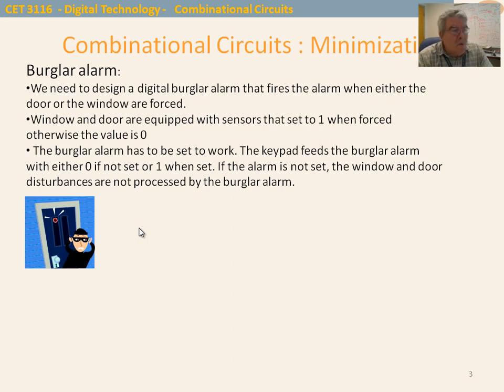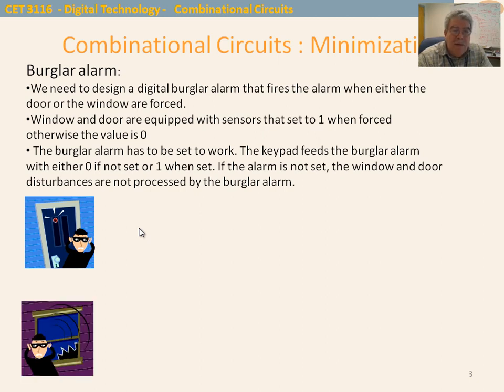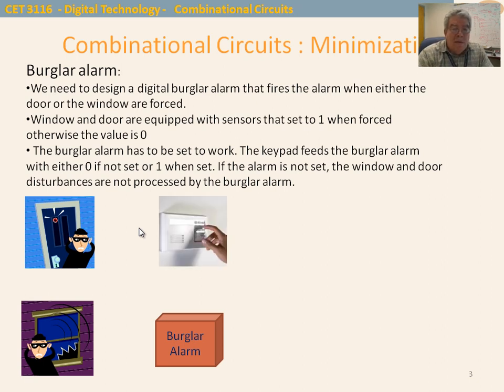Let's see a diagram. This is the door, in which someone is entering, but the alarm went off, so the burglar leaves, and the same thing happens through the windows. So we want a device, the one I'm going to be designing, that with either the door open or the window open will make the alarm go off.